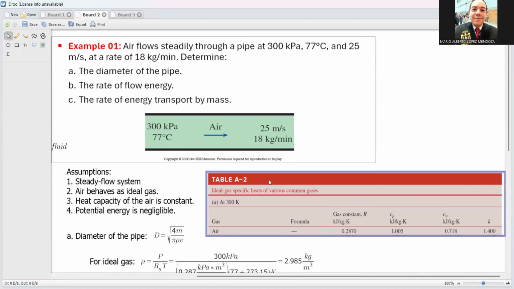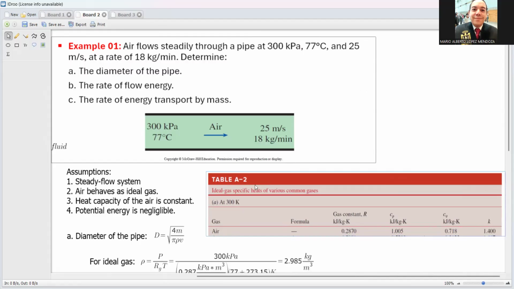Additionally, we know that this fluid is flowing with a velocity of 25 meters per second and a rate of 18 kilograms per minute. We want to determine the diameter of the pipe, the rate of flow energy, and the rate of energy transfer by mass.